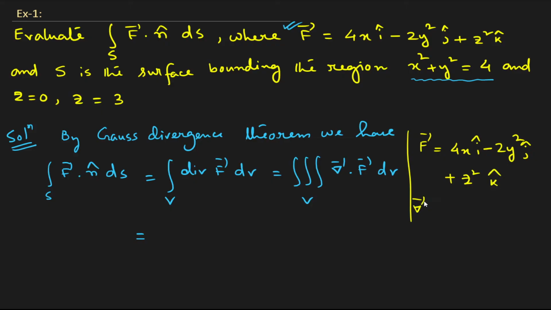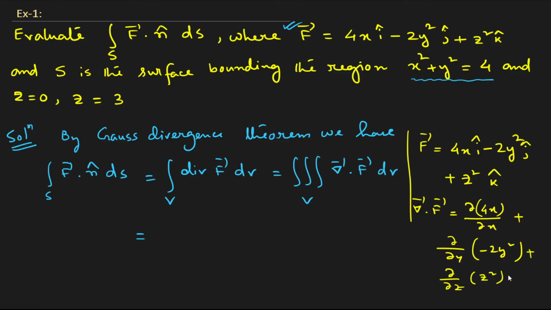So what is nabla bar dot F bar? It will be del f1 by del x, right? Our f1 is 4x. So we can write it like this also: del of 4x by del x plus del y of minus 2y square plus del z of f3, where f3 is our z square.